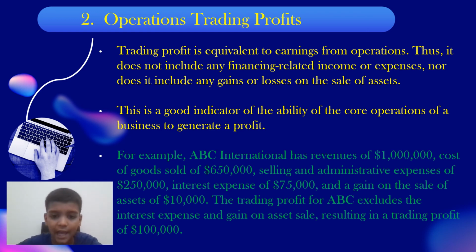For example, ABC International has revenues of $1 million, cost of goods sold of $650,000, selling and administrative expenses of $250,000, interest expense of $75,000, and a gain on the sale of assets of $10,000.